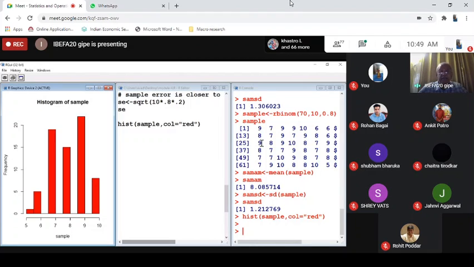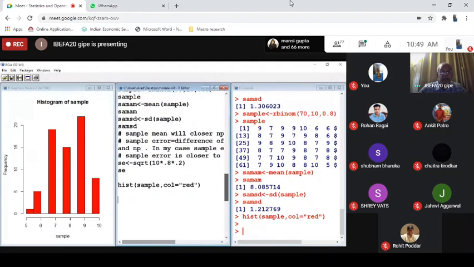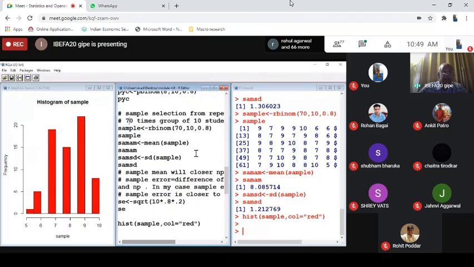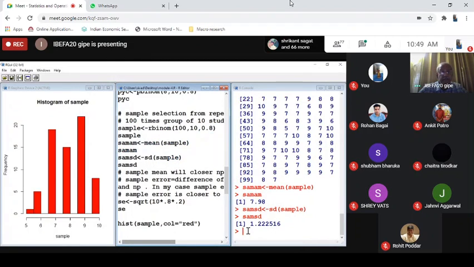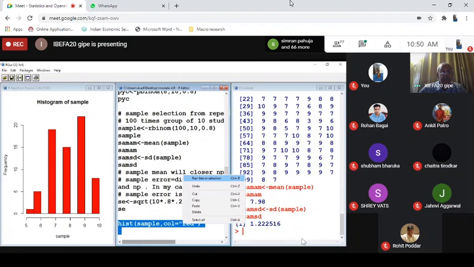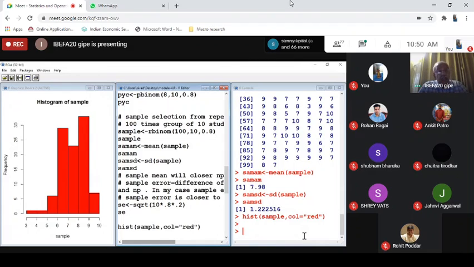Say for example, I increase to 100. This demonstration is for the histogram. As my sample size becomes 100, what happened to my histogram?